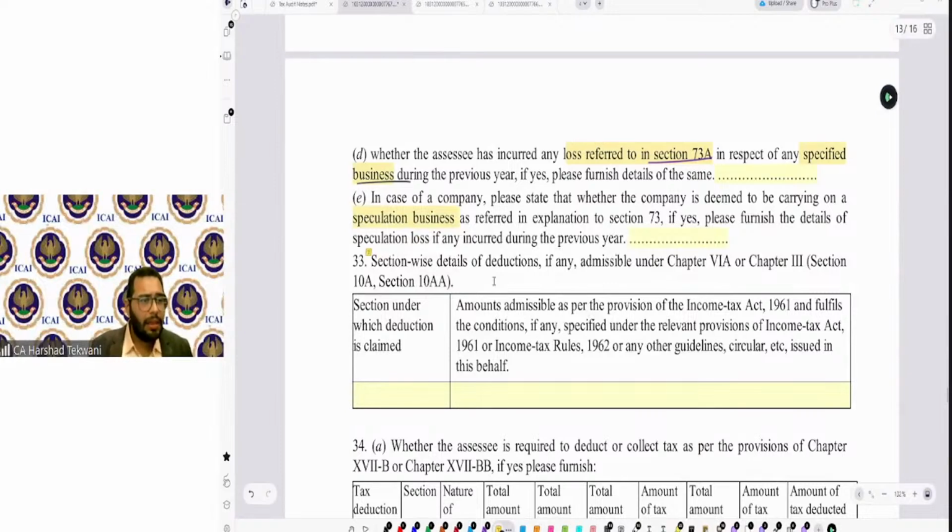If yes, then speculation loss, if any, incurred in the previous year. Deemed to be carrying speculation business, okay, under section 73. Then you are required to provide a speculation loss incurred in any previous year, during the previous year. So that is 32E.